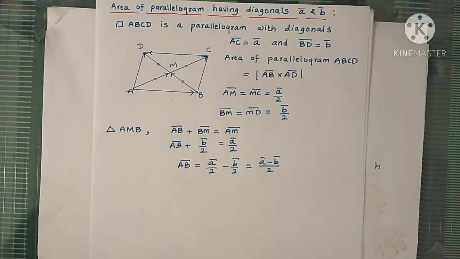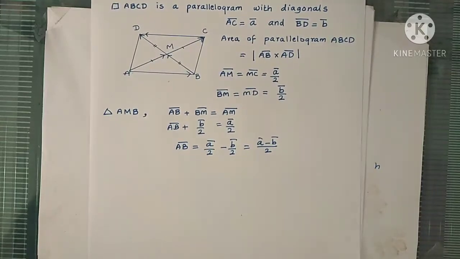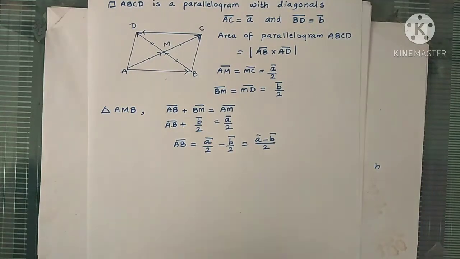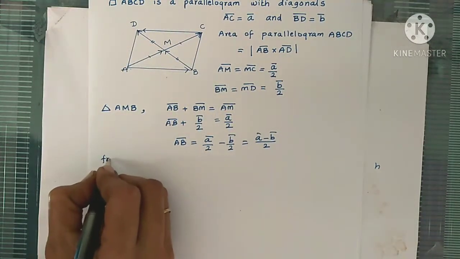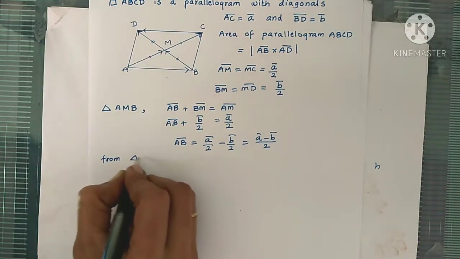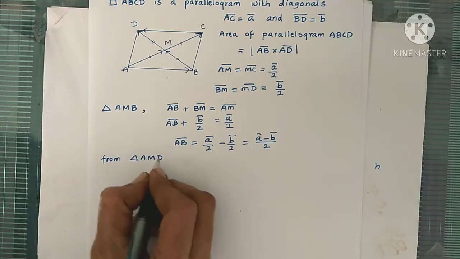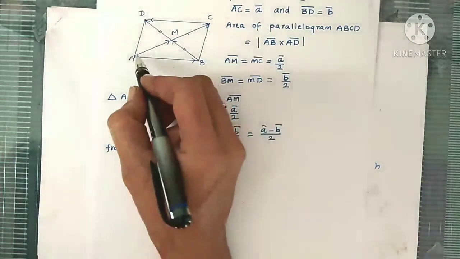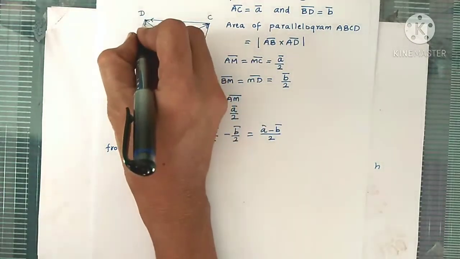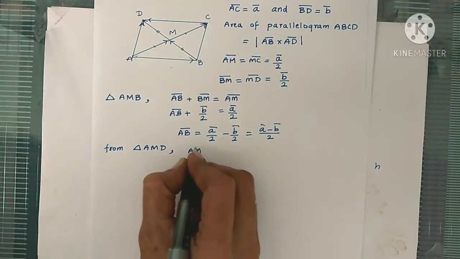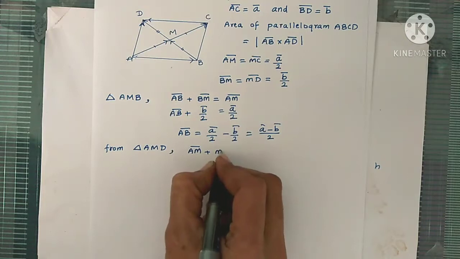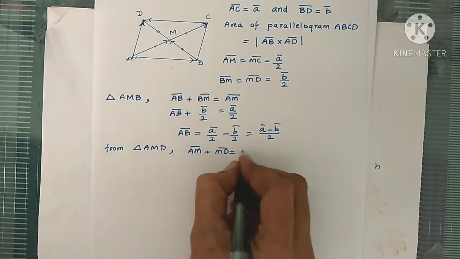Now let's find AD bar. For AD bar, let's consider triangle AMD. From triangle AMD, we have AM bar plus MD bar equal to AD bar.